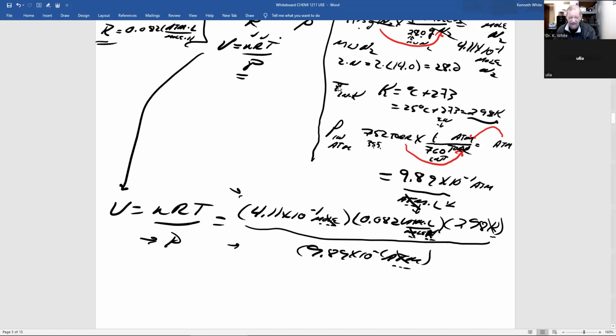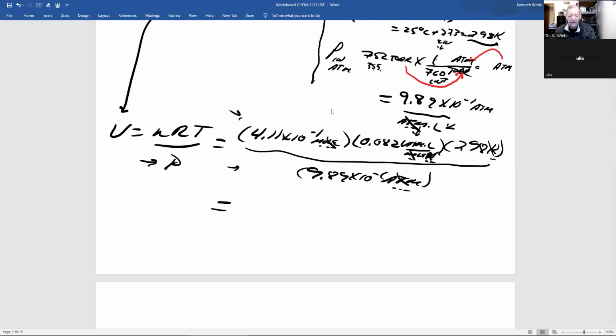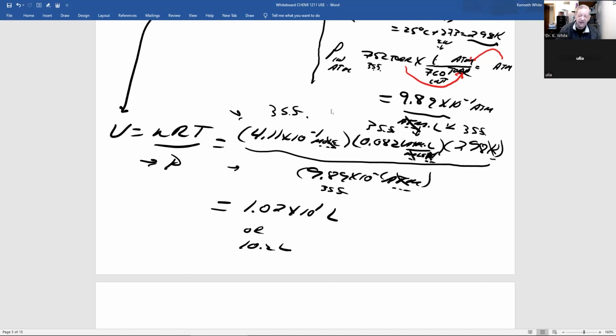And the number I get, now, this is 3 significant figures. I'm in my 3 significant figure rut. They all are. So I'm going to round this number off to 3 significant figures. And that's 1.02 times 10 to the first liter, which is also 10.2 liters, which is about the volume of a car tire.